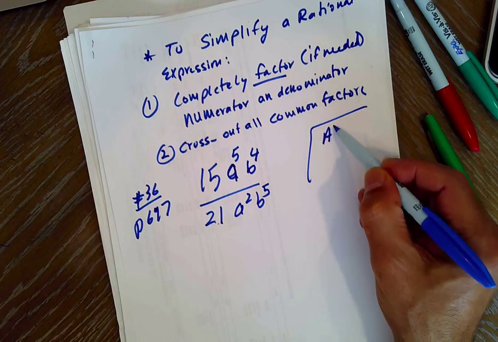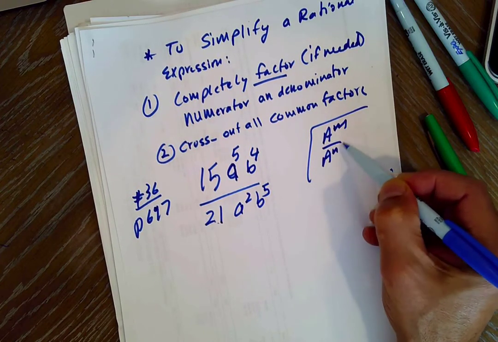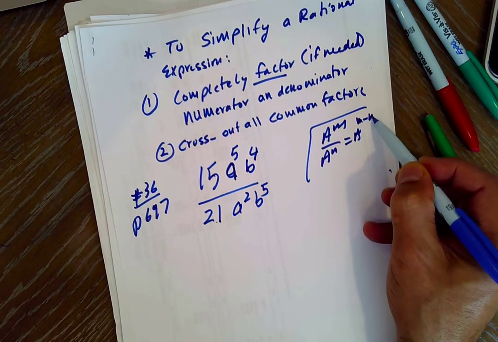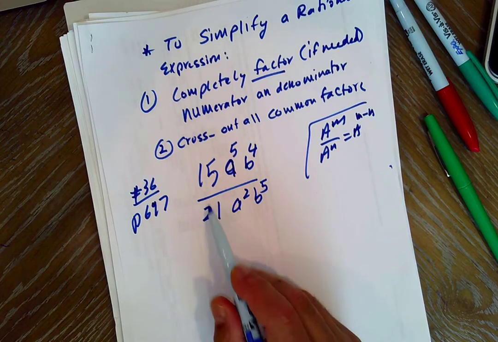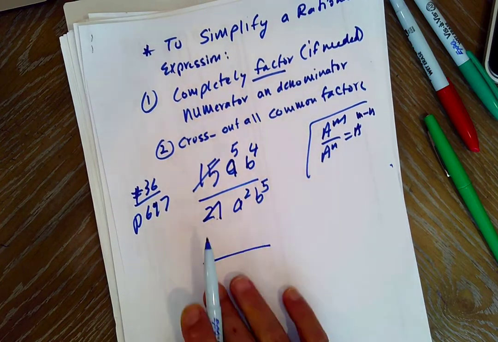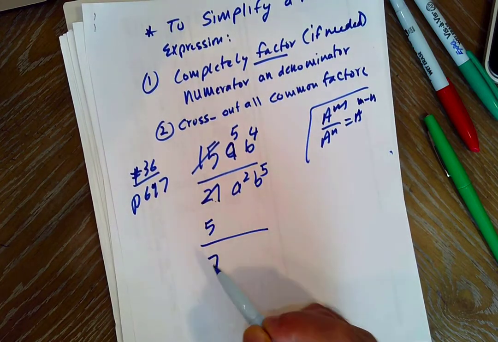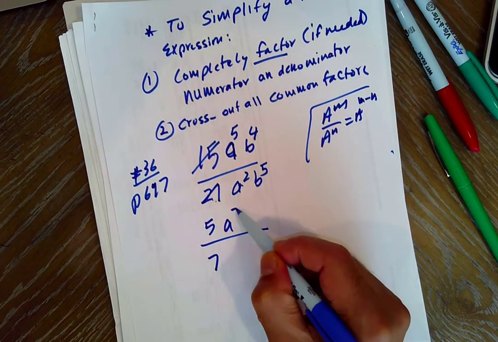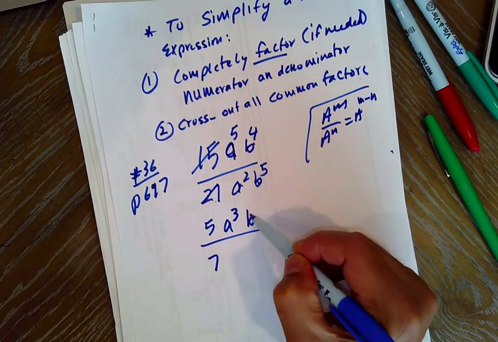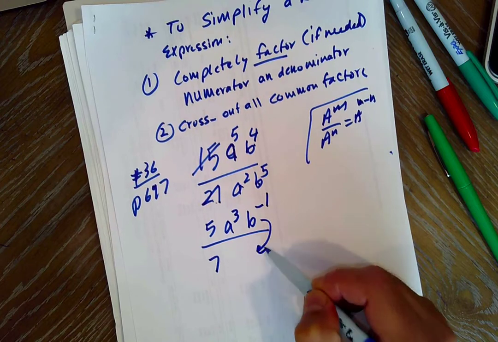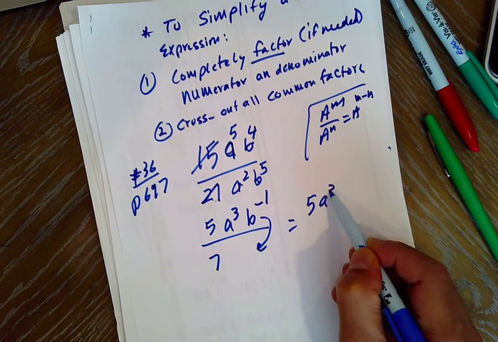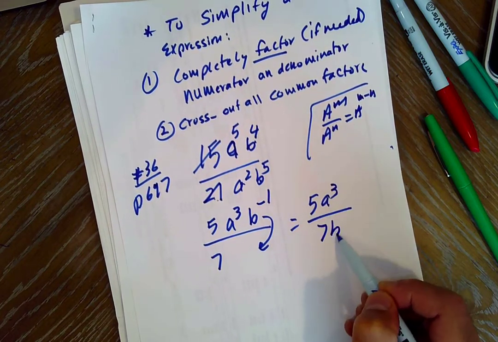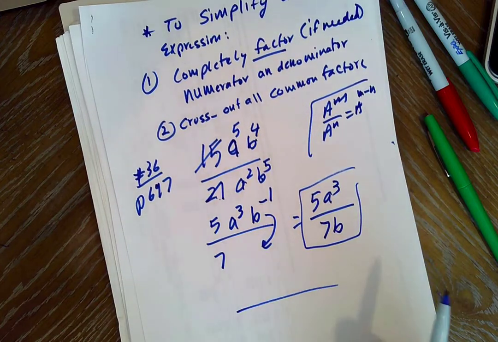Remember, if we have a to the m over a to the n, it's a to the m minus n. So the 15 and 21 are reduced by 3, so it's 5 over 7. a to the 5 over a squared is a cubed, b to the 4 over b to the 5 is b to the negative 1. We move this down. We don't like negative exponents, so that's what we get.